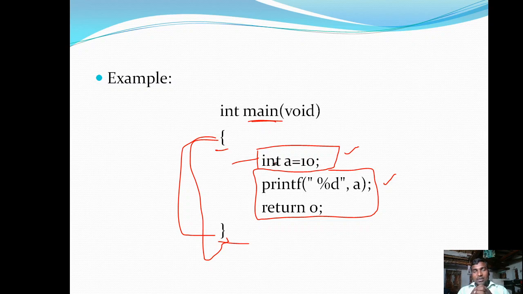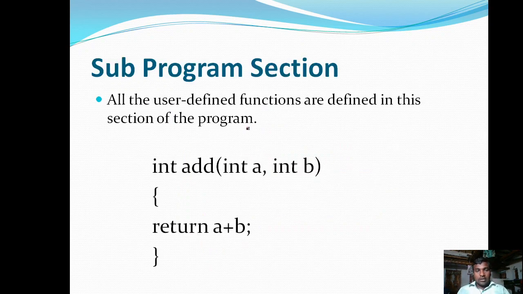In the declaration part, we are going to declare the variables, and in the execution part we are going to execute several lines of C code. Now the last section included with the C program is the user defined functions or subprogram section.